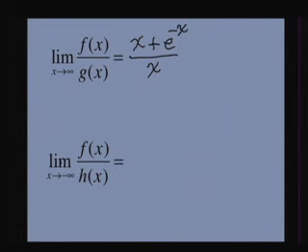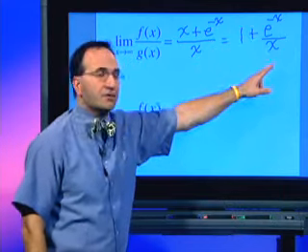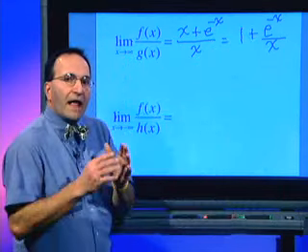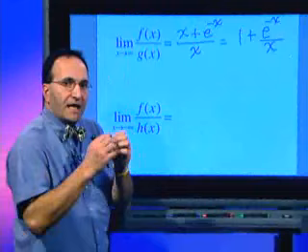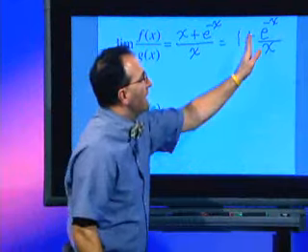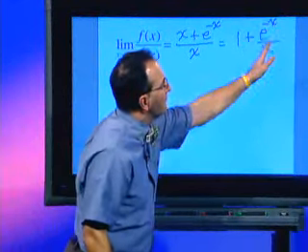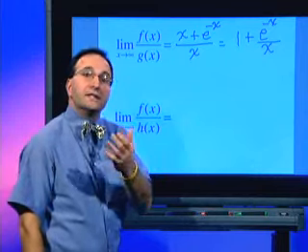Well, of course, then we're looking for this limit, but we can separate this out and say x divided by x is 1 plus e to the negative x over x. And as we look at e to the negative x over x, as x gets really, really big, that is, as x approaches infinity, this particular part of it will approach 0.